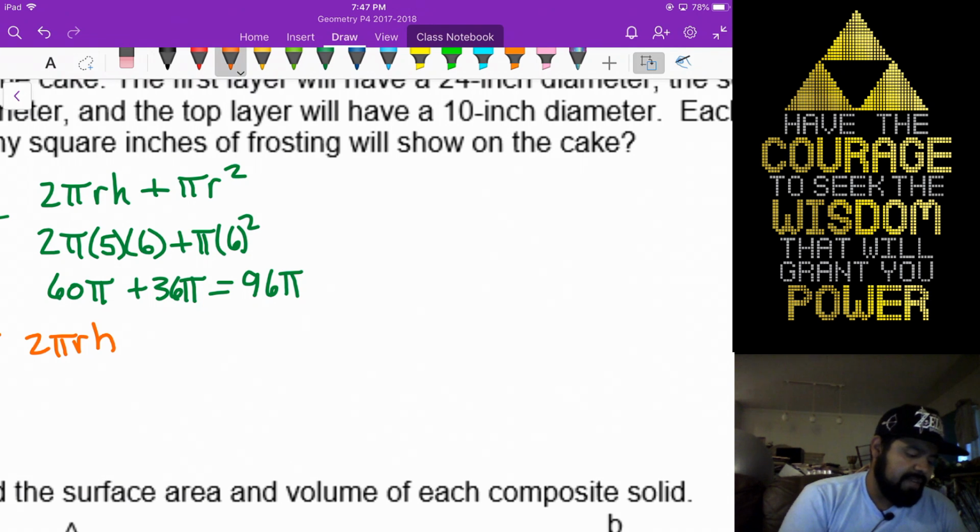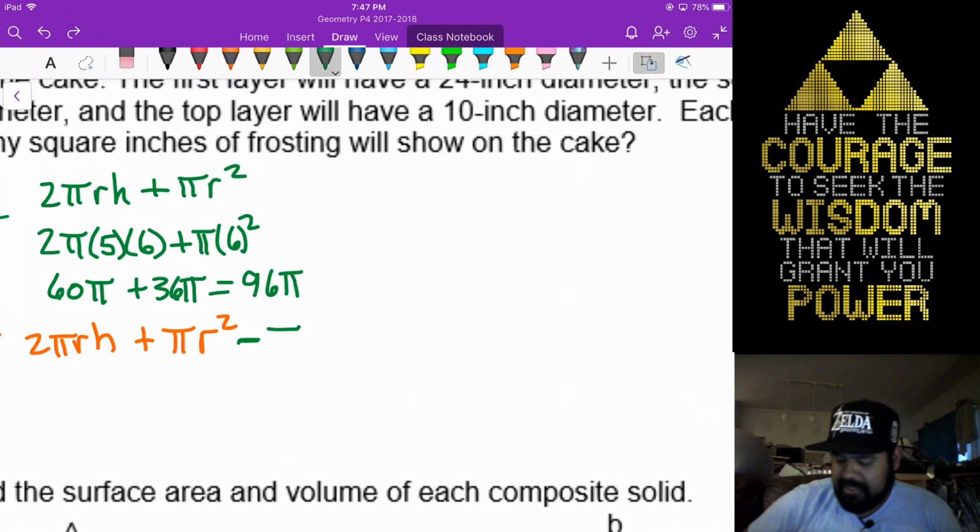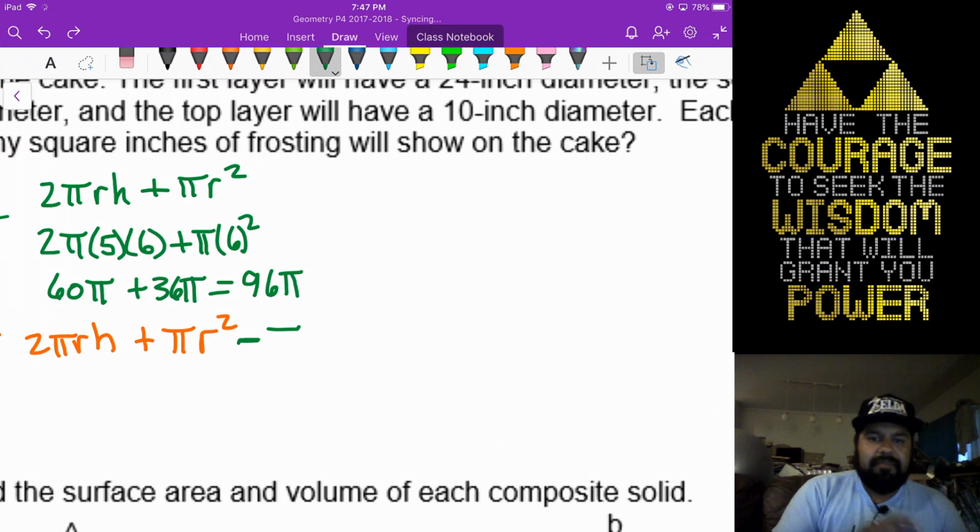We're adding on base 2, which is going to have the radius of the new cake, but we're then going to subtract from it the area of our base that we calculated up here, because that part of the base is covering the other base. So pi r squared minus our 36 pi.